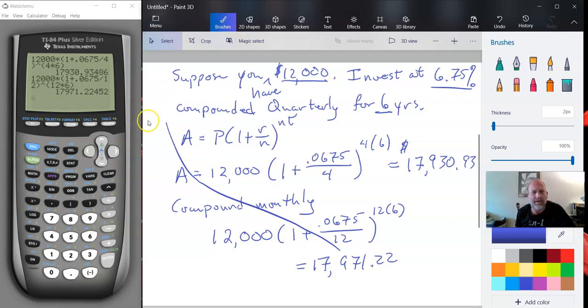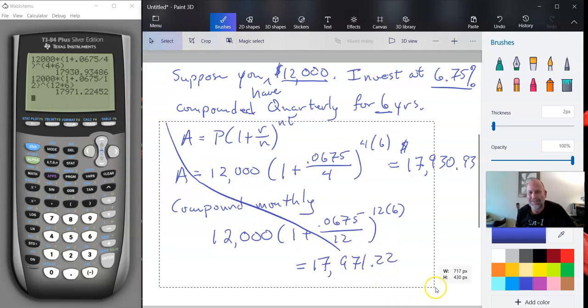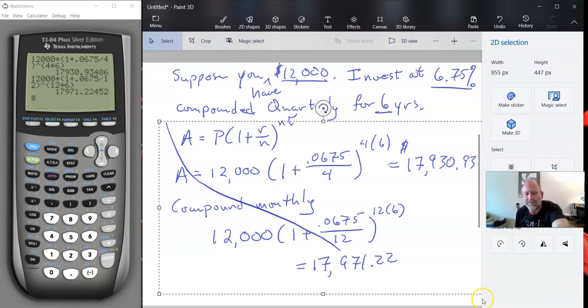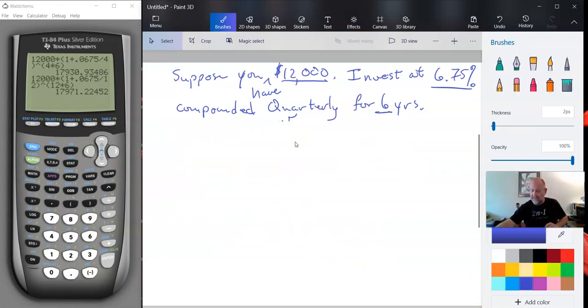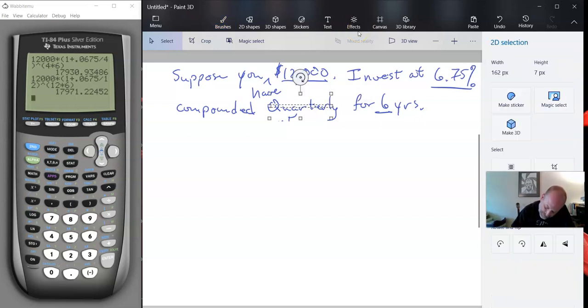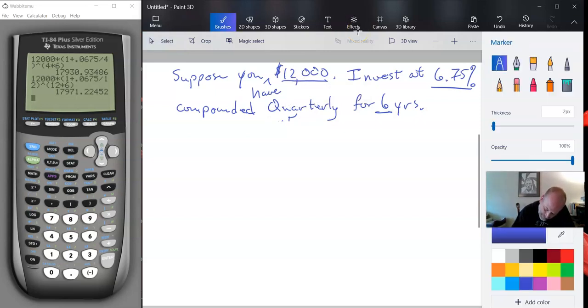Now, I want to look at this one more time, but this time, oops, that is not the selector. There, this is what I wanted. I'll delete that. This time, let's make it compounded continuously. So it's compounded continuously, which means we completely switch equations.